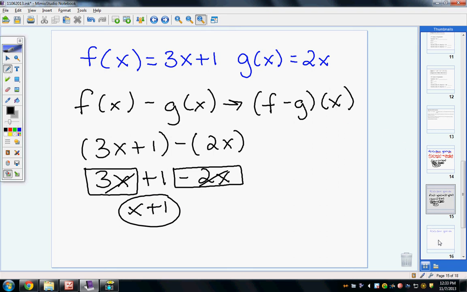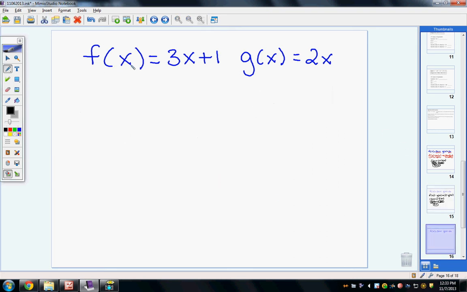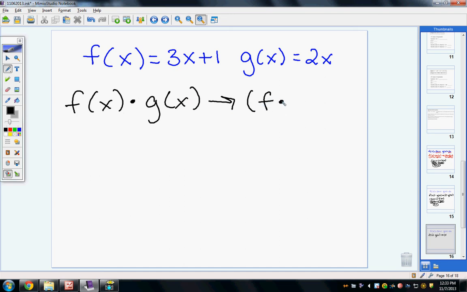Now I'm going to show you multiplying, and we're not going to do any division. So multiplication is the last operation I'm going to show you. If we have f of x times g of x, that's the same thing as saying f times g of x. And what we're going to do is actually multiply.